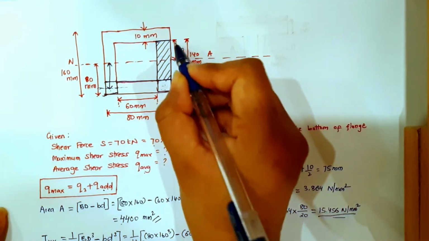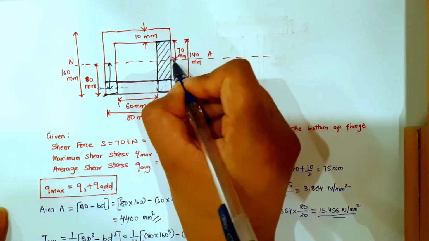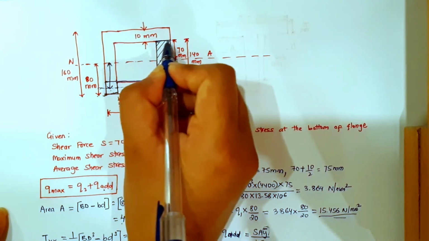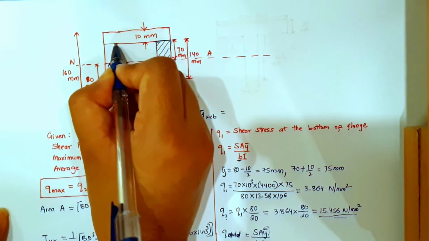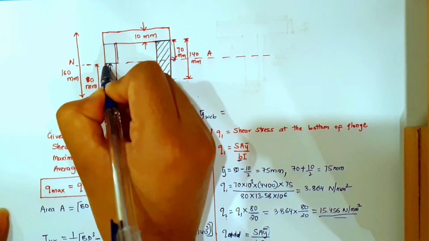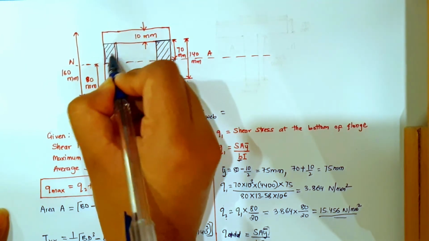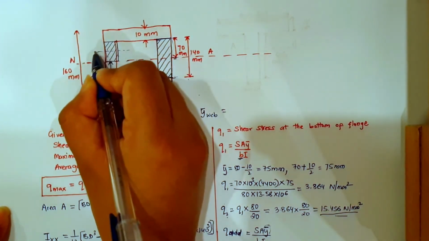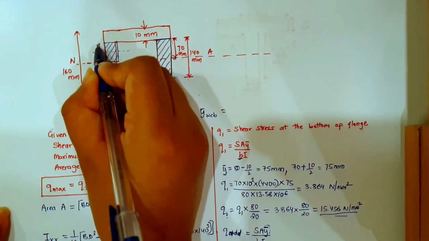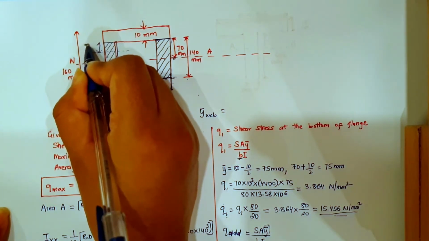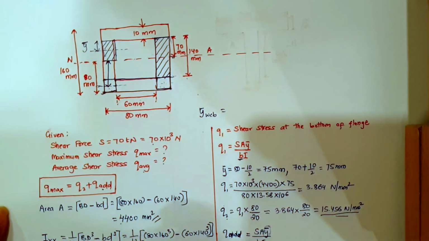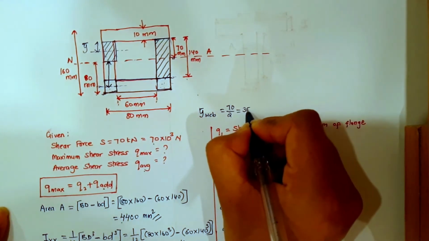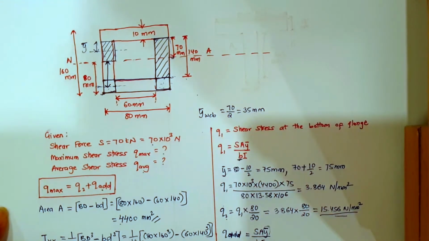Now above the neutral axis we have considered one section from here to here, this much section above the neutral axis. So if we consider half of it, how much will it be? We need only this much y bar for the web portion. So it will be 70 divided by 2, which comes to 35 mm.